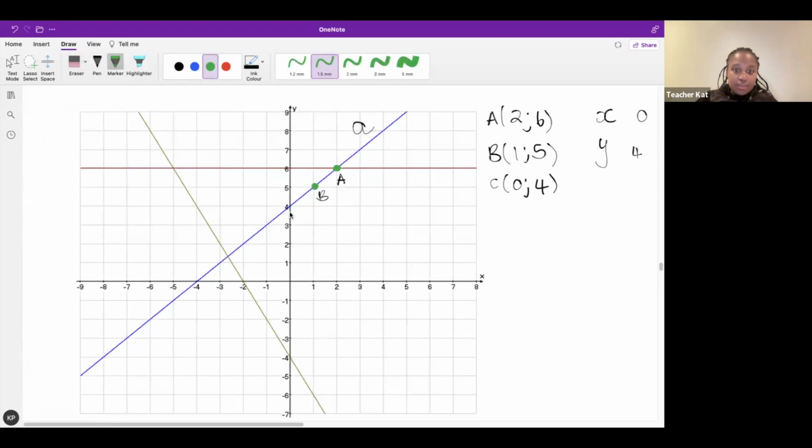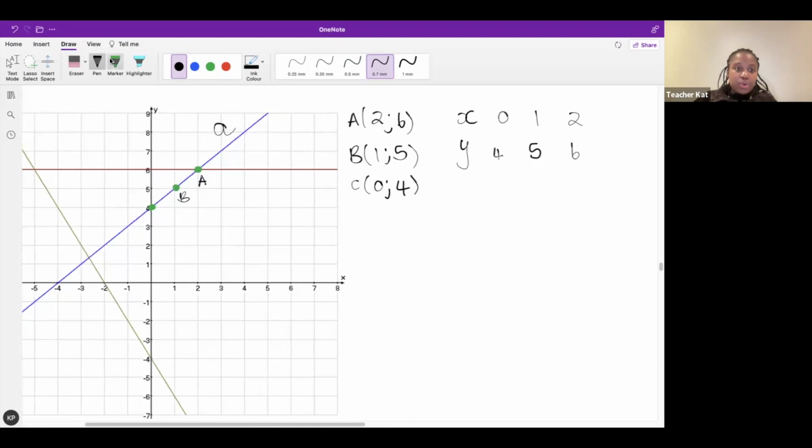Do you see that? 1, 2, 3, and 4. I hope I clarified. Okay, so what is my multiplier here? It is 1. You're welcome, Andile. So if I say 1 times 1, that's going to give me 1. So what do I have to add?